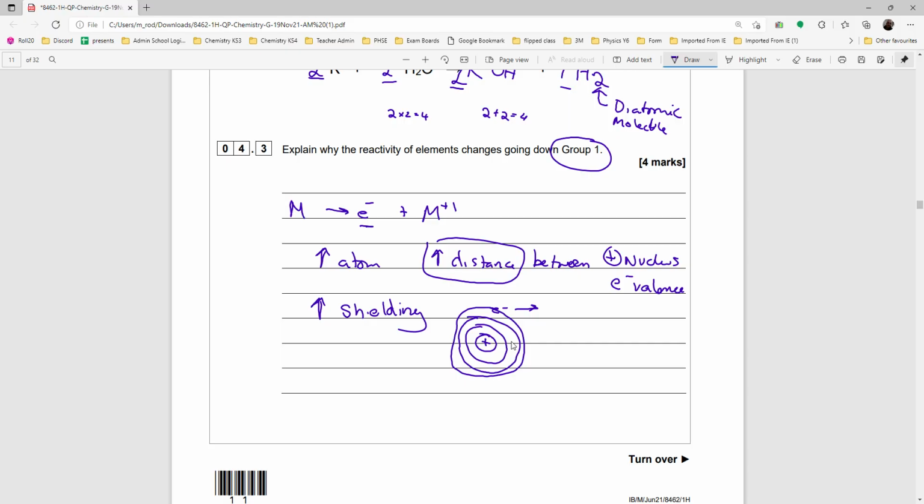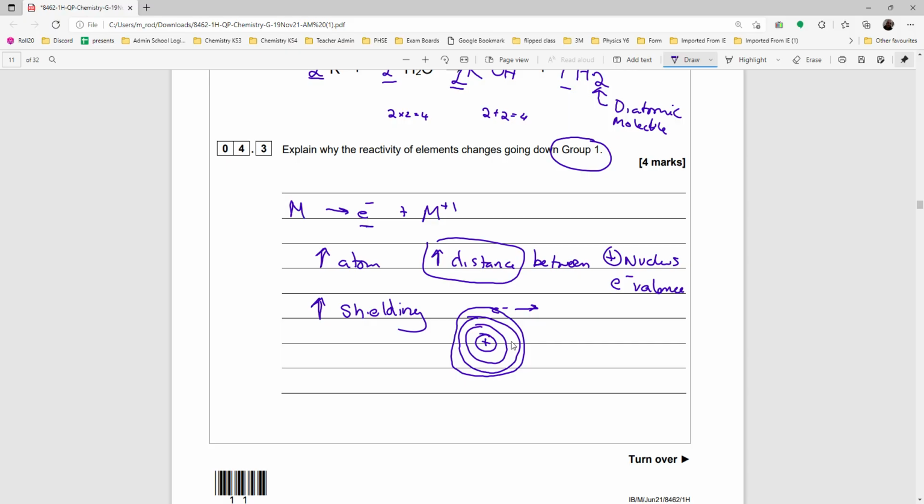This is 2 aspects. 1, distance increasing decreases the attractive force between the positive nucleus and the negative valence electron. And 2, the shielding also reduces the attractive force between the positive nucleus and the negative electron.